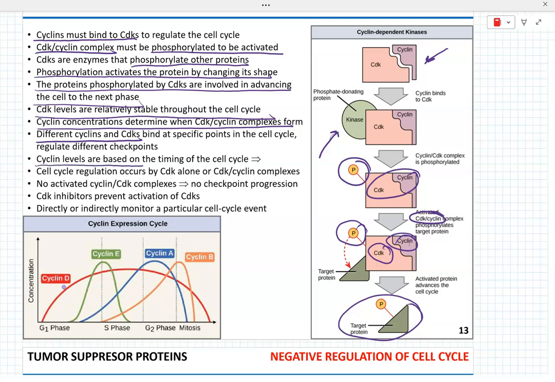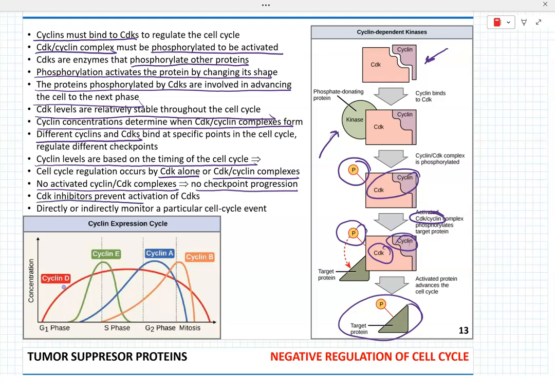Now, cyclin levels are based on the timing of the cell cycle, which means that regulation occurs either by CDK alone or by CDK-cyclin complexes. If there are no cyclin-CDK complexes, no checkpoint progression.